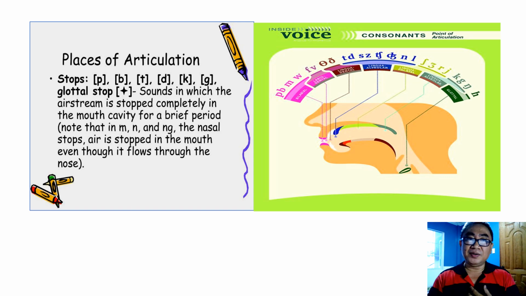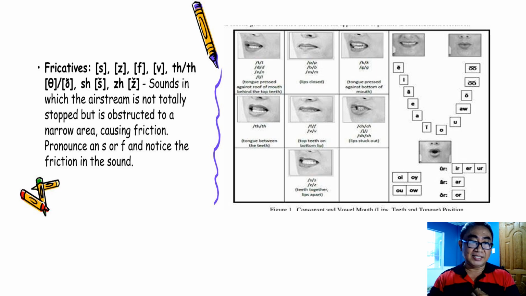So we are dealing with those fricatives, sounds in which the airstream is not totally stopped but is obstructed to a narrow area, causing friction. So pronounced as in, and notice the friction in the sound. So that is exactly fricatives.